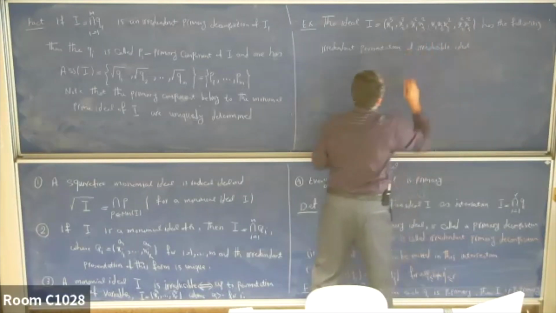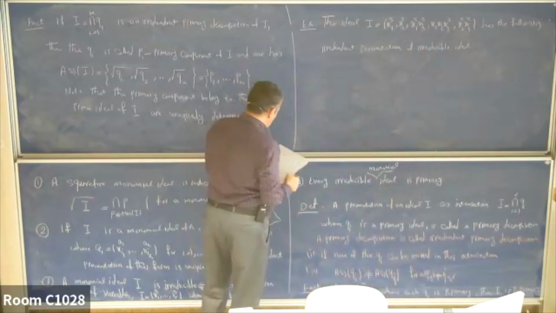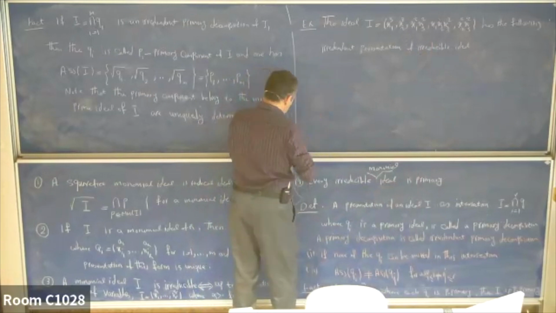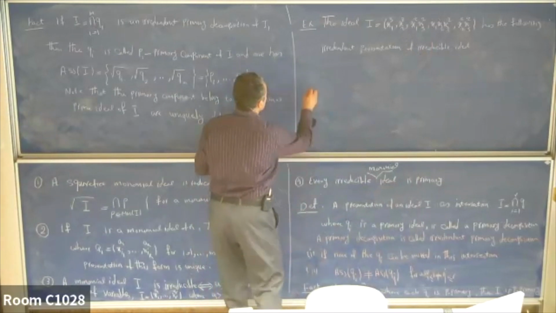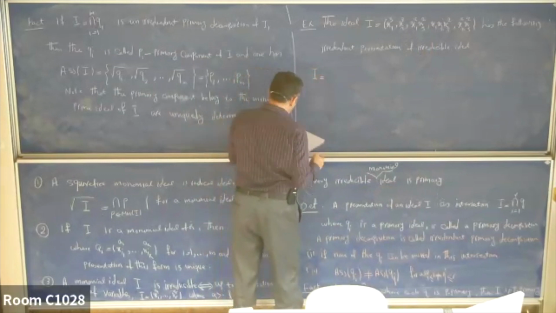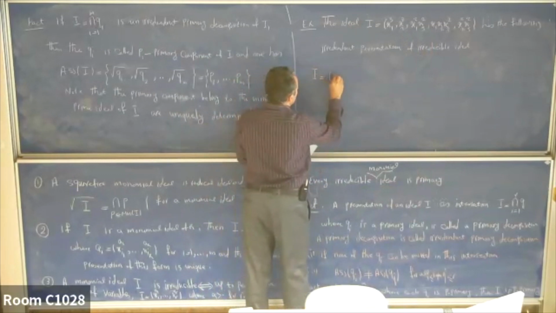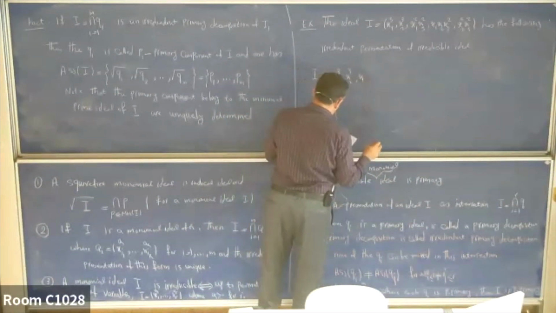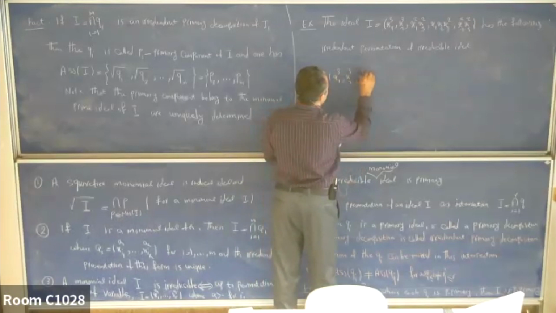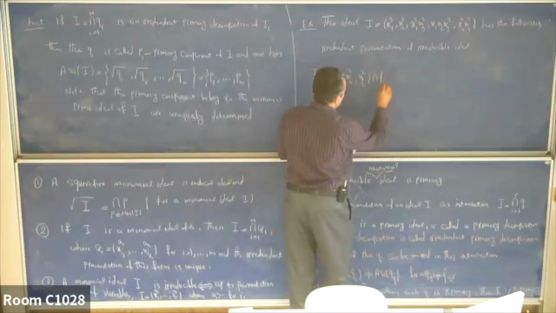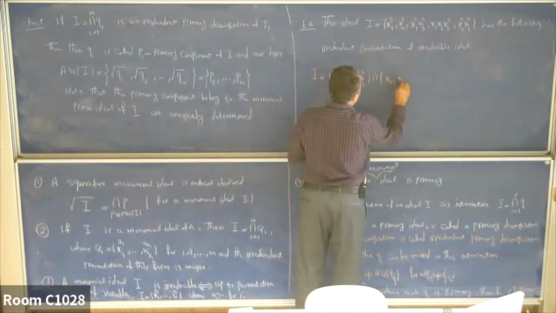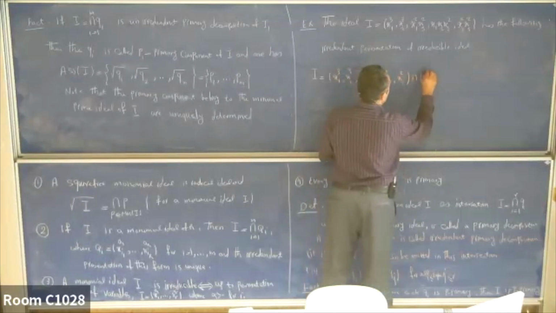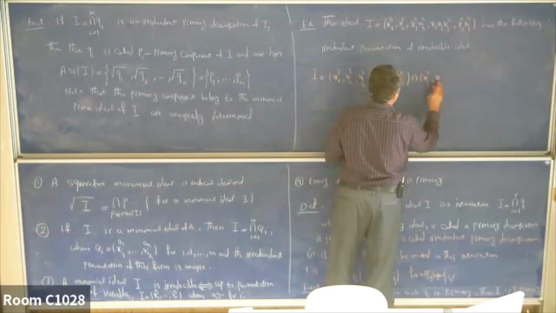And the primary irreducible ideal of this one is, as you saw yesterday, has this presentation: (x1^3, x2^3, x3^2) intersection (x1, x2) and (x1^2, x2).